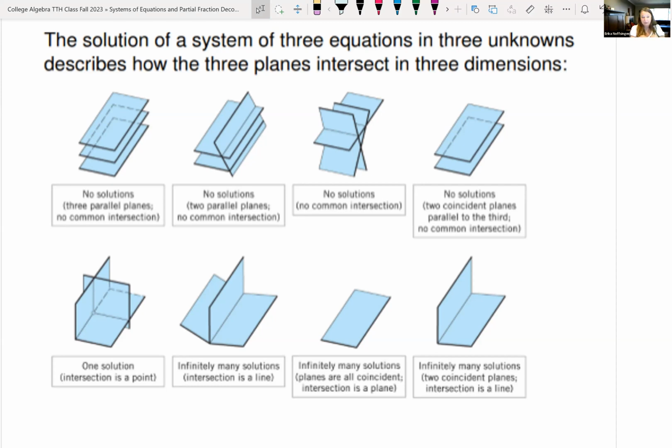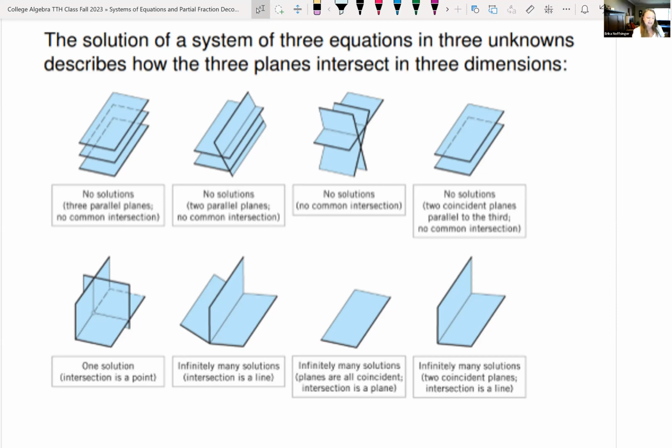Basically, you have a plane. Think about it as a piece of paper that is going on infinitely in all directions. There are three possibilities again: you're either going to get one solution, no solutions, or an infinite number of solutions.